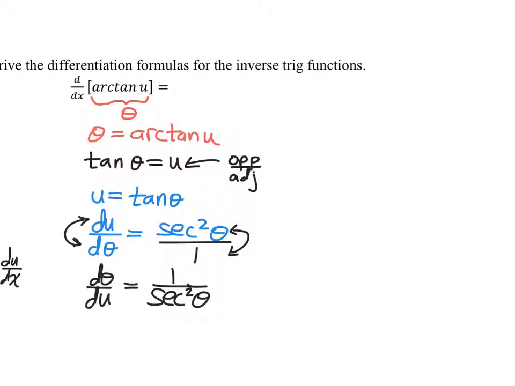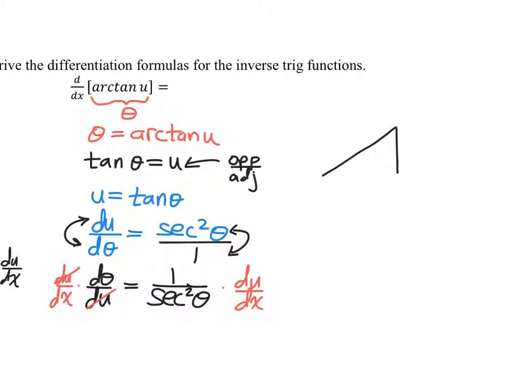So eventually I'm going to need to figure out what secant squared theta is. That's going to come from a triangle. So there's no way around it. You need a triangle. But before I do that, I want to manufacture that dx. So we multiply both sides by du dx. That cancels the du's and introduces the dx. But now we're going to start the mission to find the secant squared.